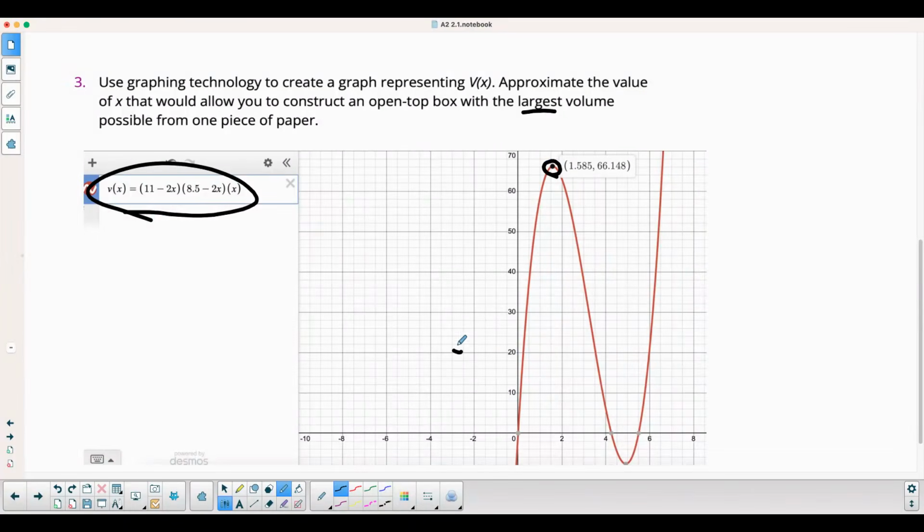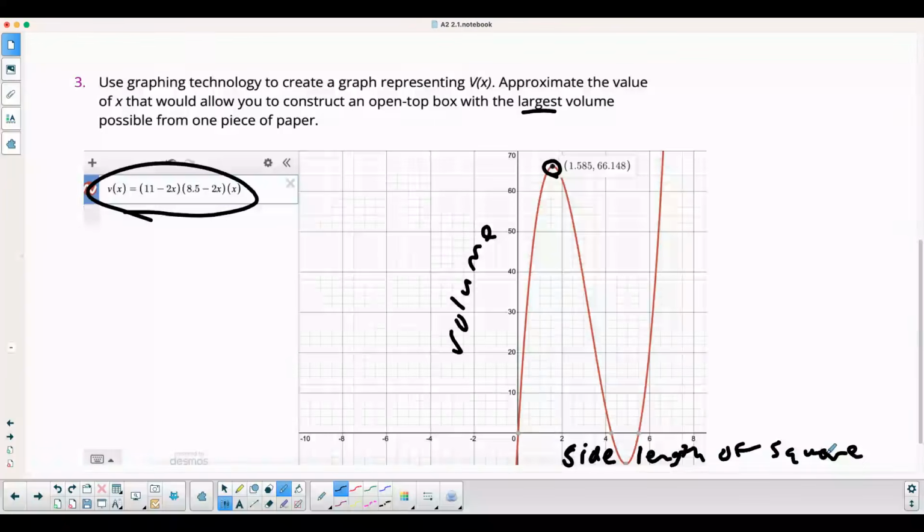So this axis is volume, and this is side length of a square. Okay, so obviously my maximum volume is 66, and the side length that would work for us would be 1.585.